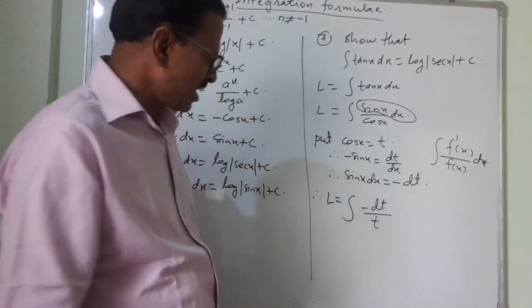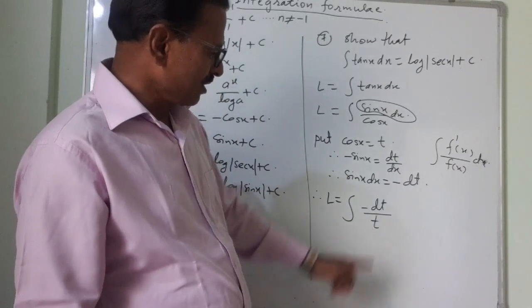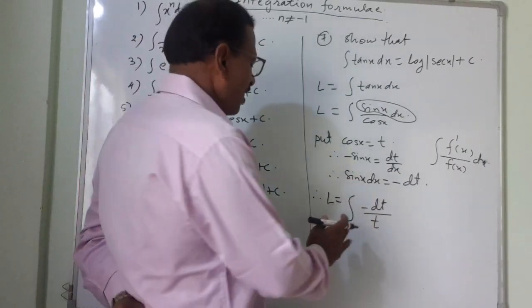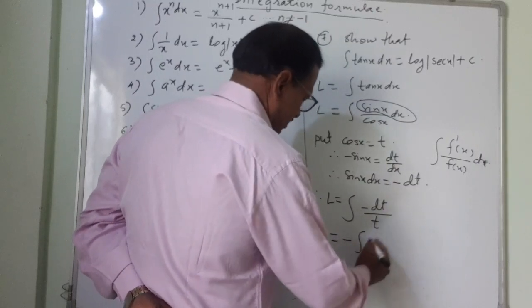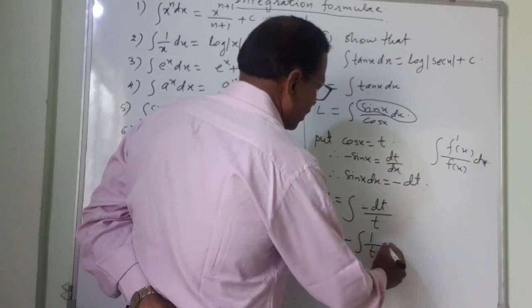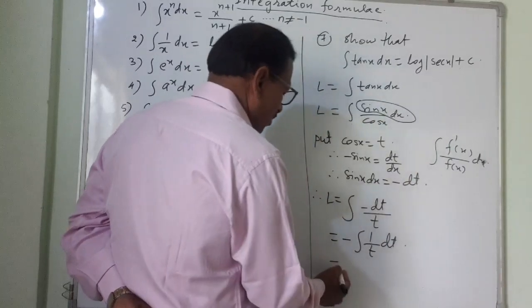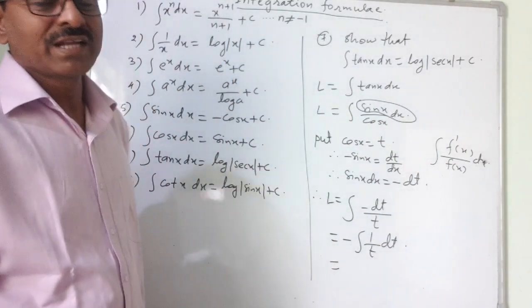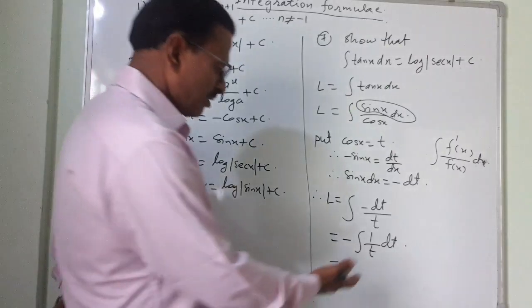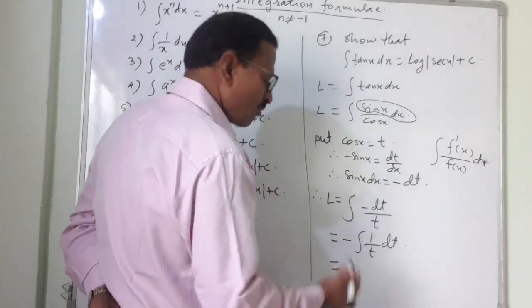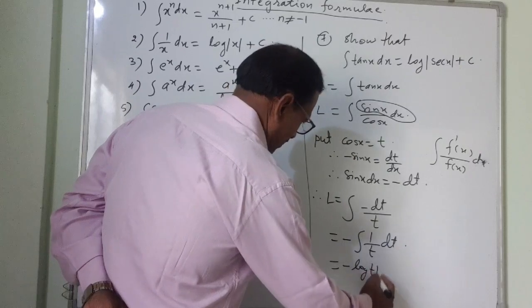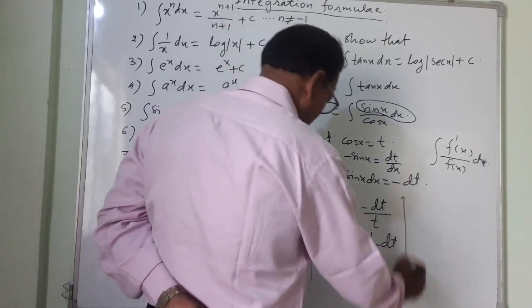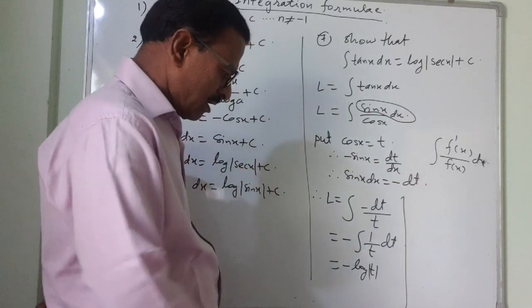See, the variable is t and we have to integrate with respect to dt. So I can write it like this: minus integration 1 upon t dt, and 1 upon t is the derivative of log t. So it is minus log of modulus t.